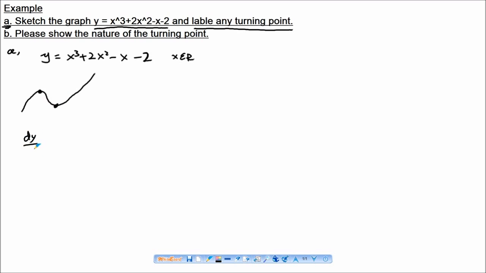So first I differentiate the function y. I have that, and I need to make it equal to 0 for the turning point. Now I have something like this.